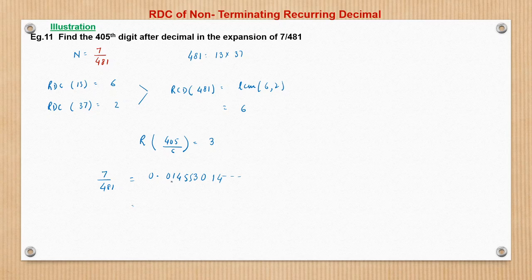So we just need the third number from the beginning after decimal. So the third digit is 4. So the required 405th digit after decimal will be nothing but basically the third digit after starting, because this follows a cyclicity of 6, right? So here it comes as 4.